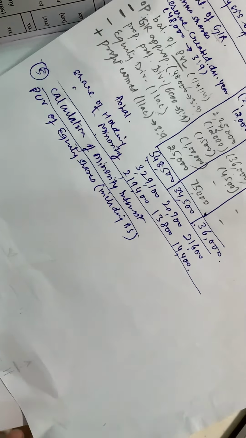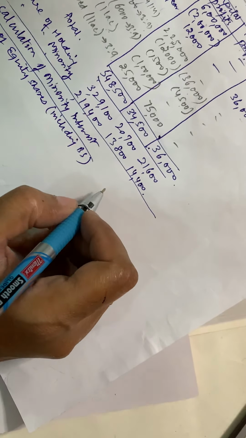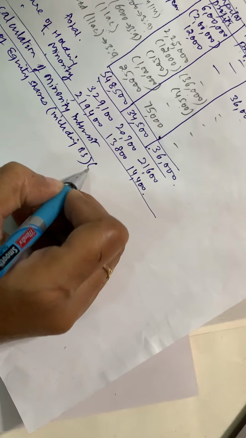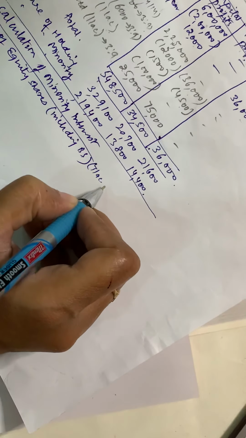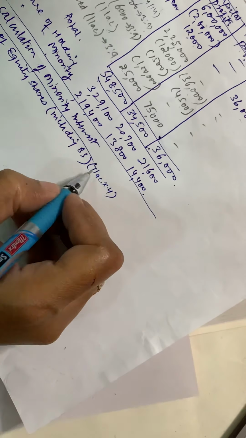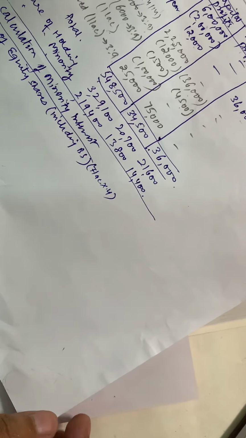In whatever way you want to do, both are right. So held by minority is over here. You can just simply pick up the 7 lakhs figure, which is after bonus, and say 40% of it.